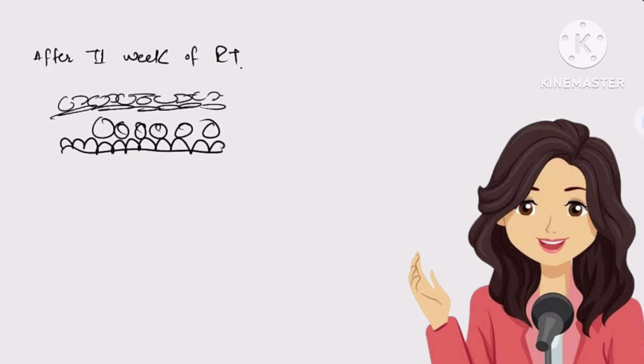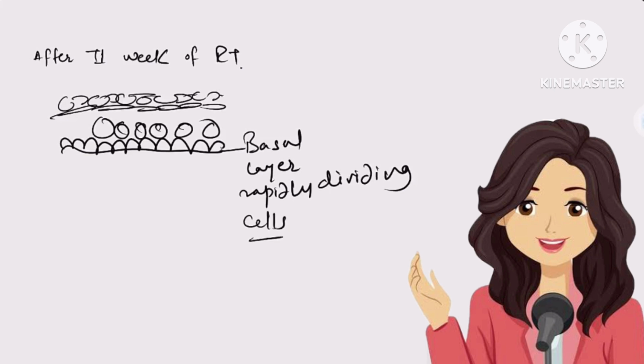The basal layer in the oral mucosa is rapidly dividing, so they are more prone to radiation.